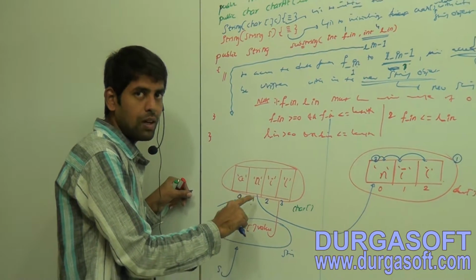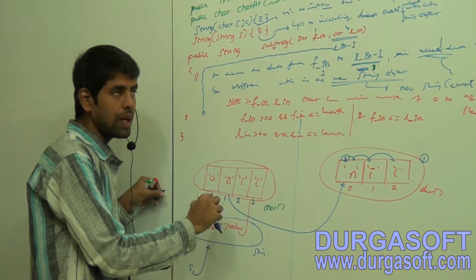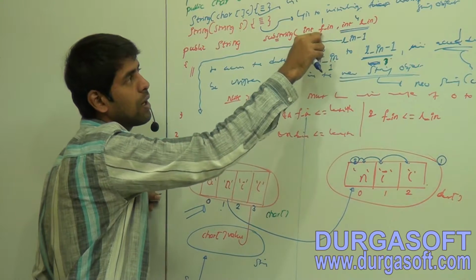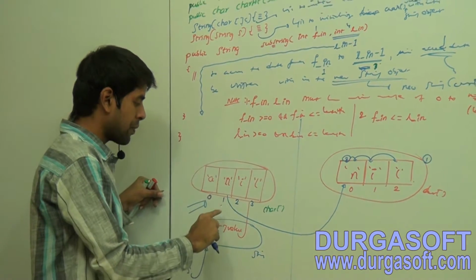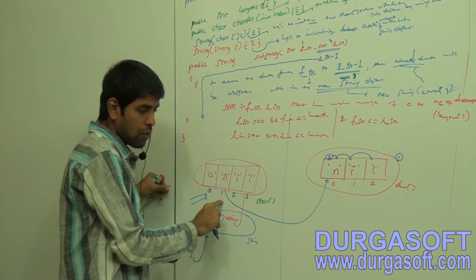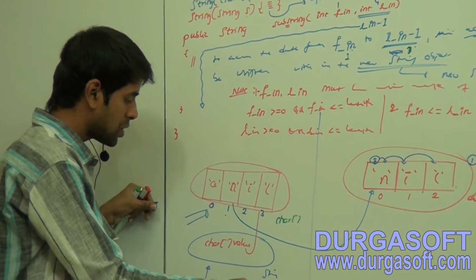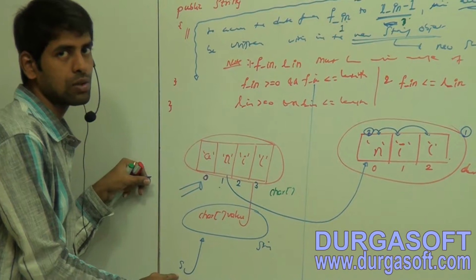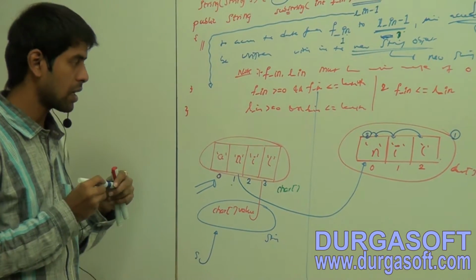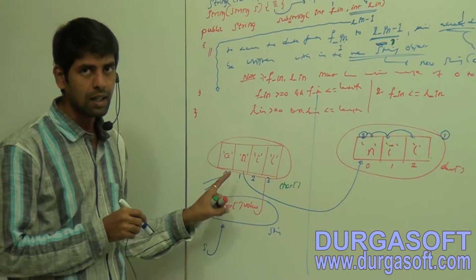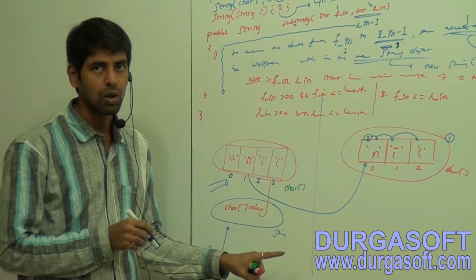Or the 1 index character value. Why? The first index value is 1. Okay, observe. The 1 index character of this string object.